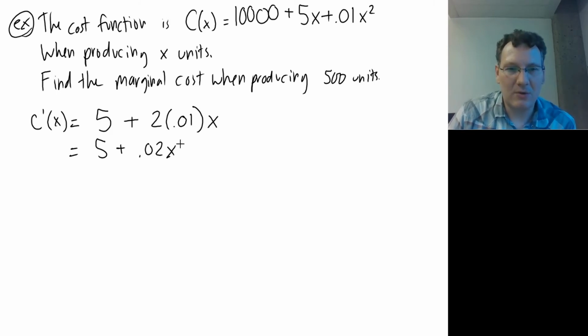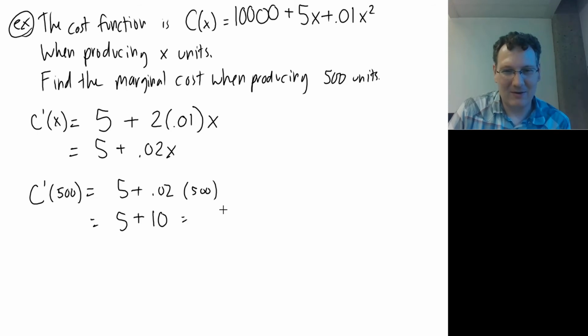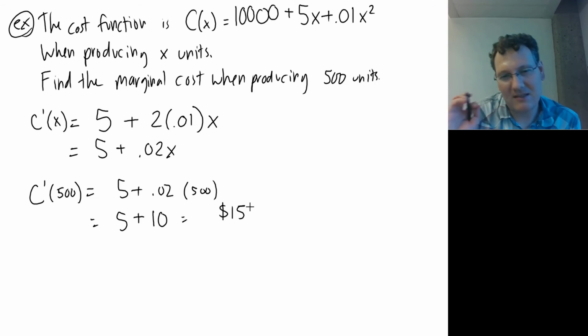Okay, and so the marginal cost when producing 500 is going to be 5 plus 0.02 times 500. You work that out, 500 times 0.02 is going to be 10, so 5 plus 10 is $15 in this case.